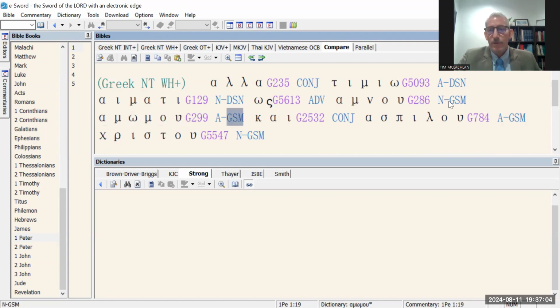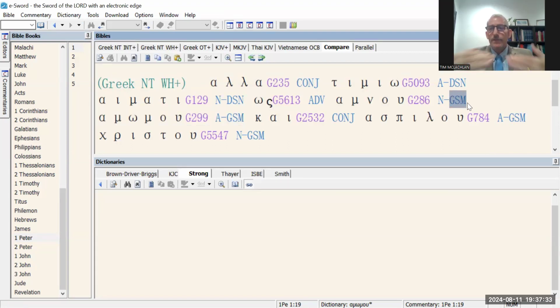It's describing the word lamb over here. Genitive, singular, masculine. So when they're writing down the adjective to describe the noun, the adjective has to fit. It has to follow the noun. So amomu is the adjective, genitive, singular, masculine, and that fits with the noun here, genitive, singular, masculine.